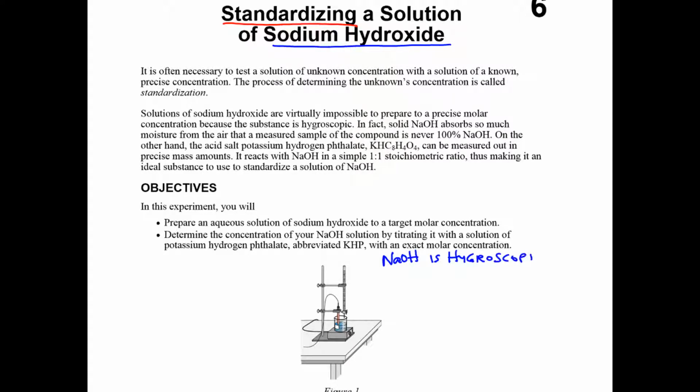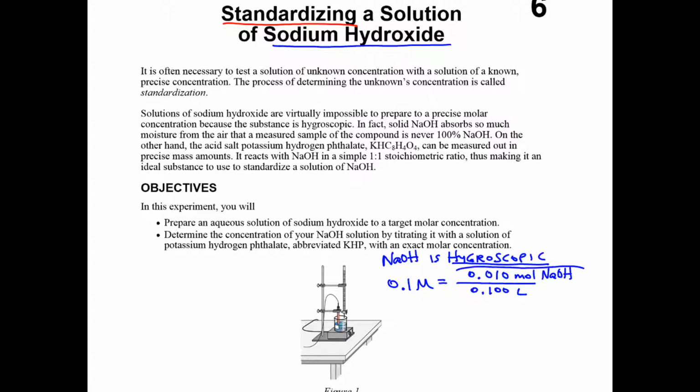Let's suppose you wanted to make a 0.1 molar sodium hydroxide, and you want to make 100 milliliters of it. So you're going to take 0.100 liters, and when you solve for this, you're going to need 0.010 moles of sodium hydroxide.